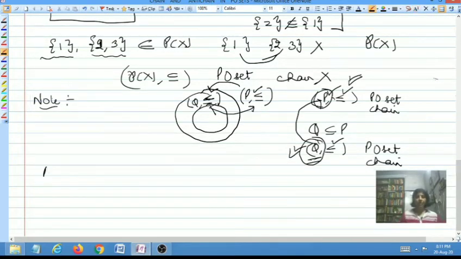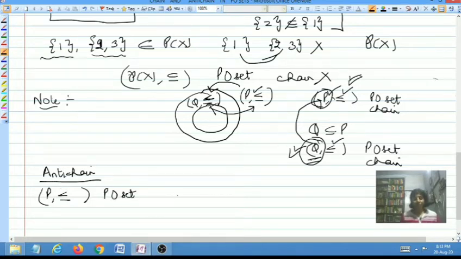Now coming to the next concept, which is the concept of an anti-chain. When is a poset said to be an anti-chain? A poset (P, ≤), with respect to the partial order relation ≤, is said to be an anti-chain if every element is related only to itself.